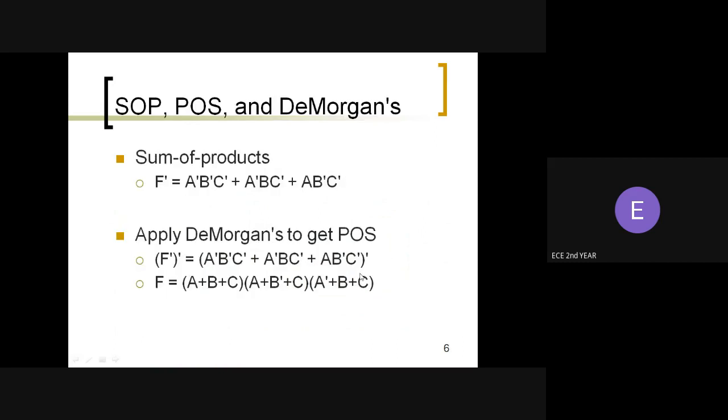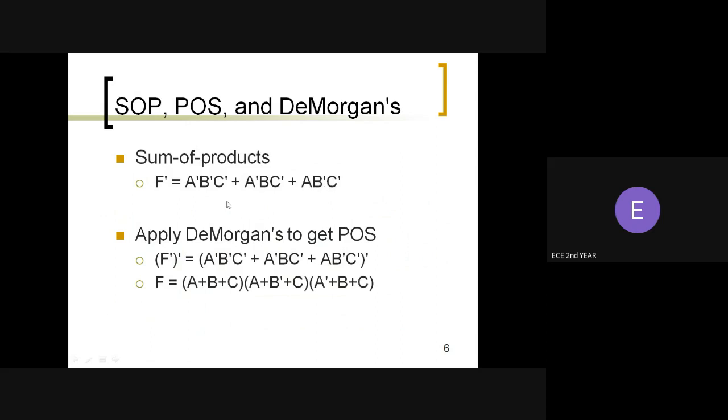Okay, fine, let us see how we can convert the terms that are present in SOP to POS. As the first thing, we will consider one expression for SOP. Here one example expression is given: f bar equal to A bar B bar C plus A bar B C bar plus A B bar C bar.